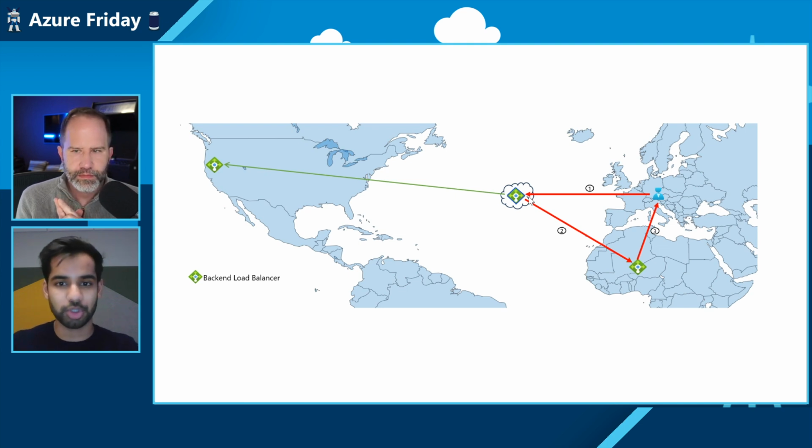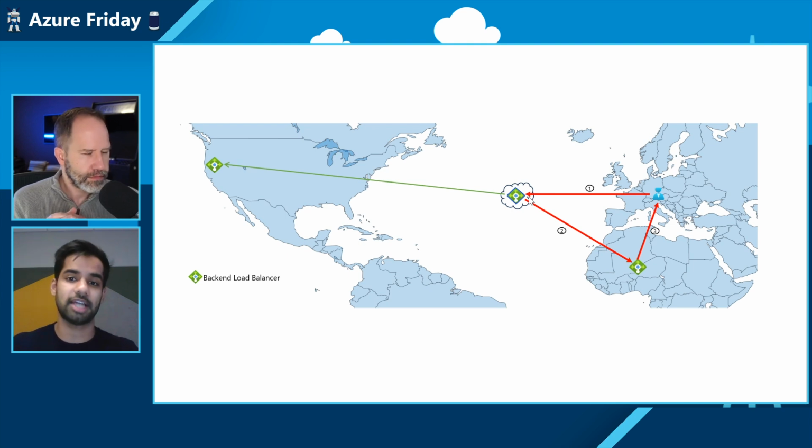But a crucial part of that is we know what the healthy backend instances of your deployment are, and we will only send new traffic to those healthy instances. As soon as one of those healthy instances becomes unhealthy, we will automatically stop sending new traffic to it, and it will continue that way until that regional deployment resumes its health status.